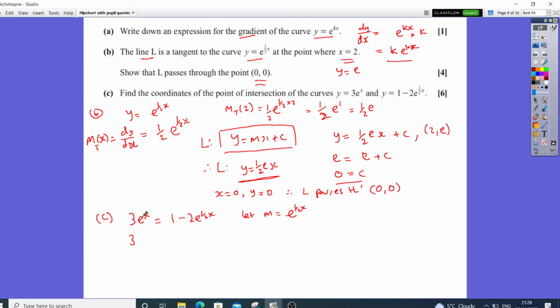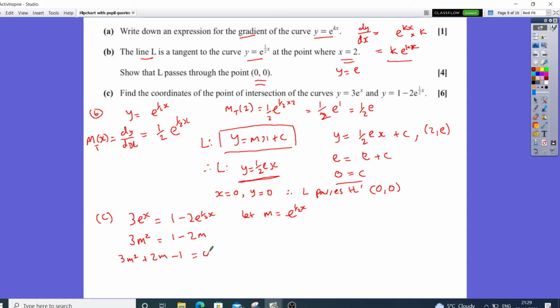Now that power is doubled, so that will be squared, that will become m squared equals 1 minus 2m. So bring everything to one side, so you get 3m squared plus 2m minus 1 equals 0.